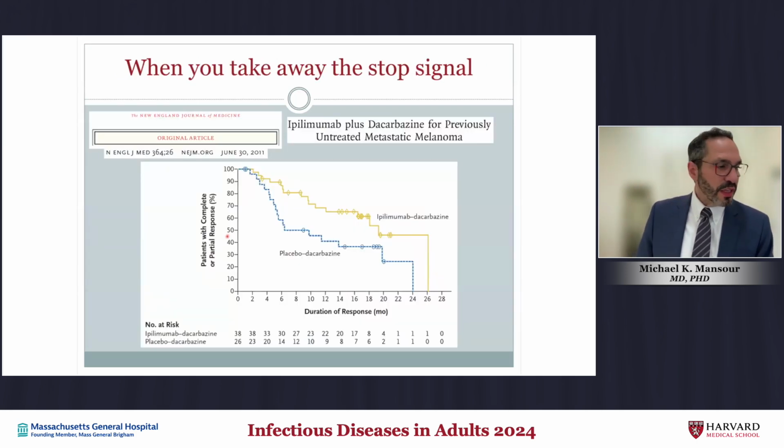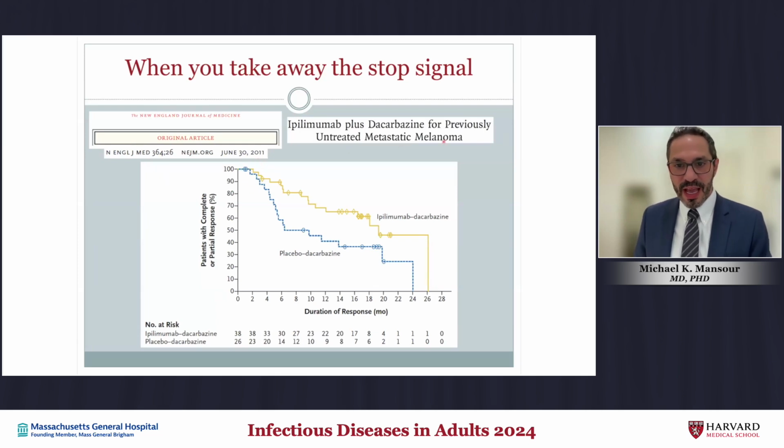So what's the clinical impact of when you take away a checkpoint and you have this unchecked T cell response? This was a seminal paper in 2011 in the New England Journal looking at metastatic melanoma, and it was really the first time we saw the addition of a checkpoint inhibitor shift the clinical survival experience to this degree.